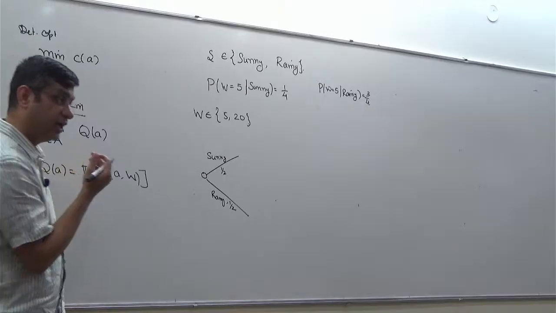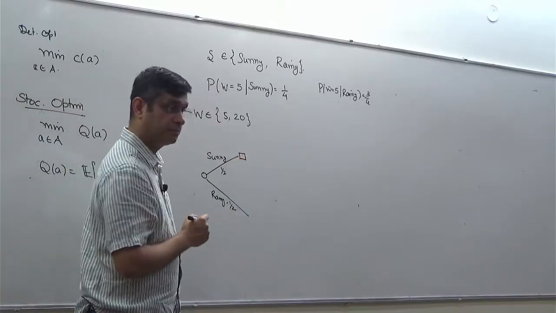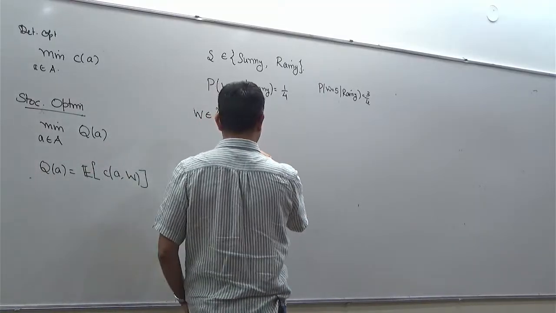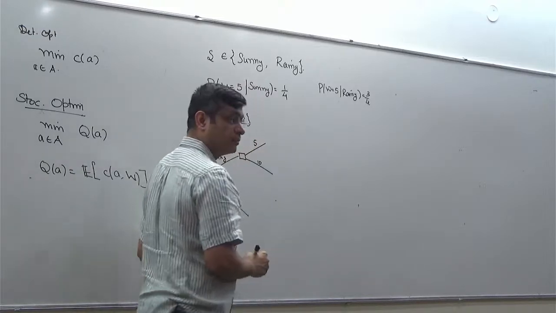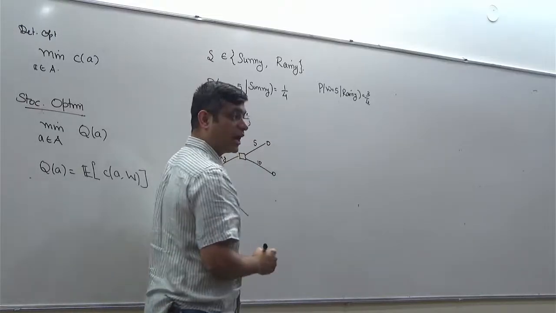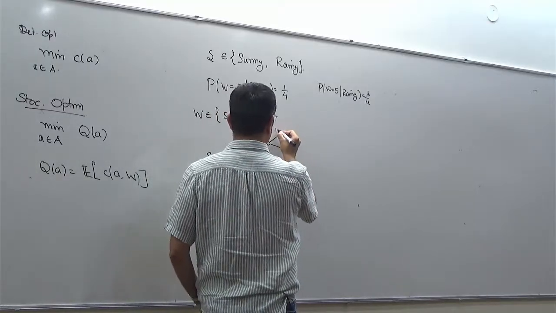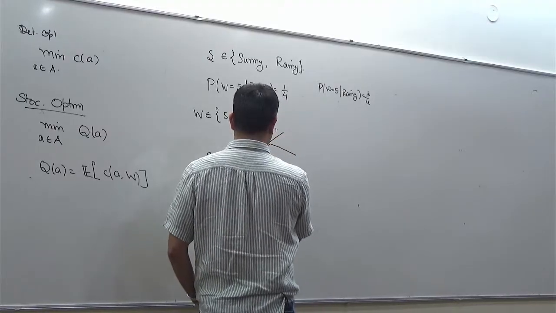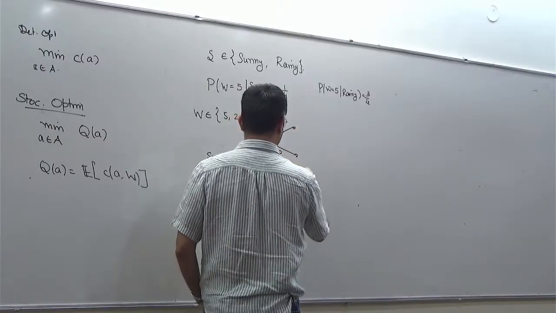If it is a sunny day, my decision maker knows that it's a sunny day, and he has to decide how many newspapers to buy. He has to buy either 5 or 10 newspapers. Then it is nature's turn to act again. Nature determines the value of the demand. Sorry, this was 10 or 20, and nature determines demand, which is 5 and 10, and you get some outcome.